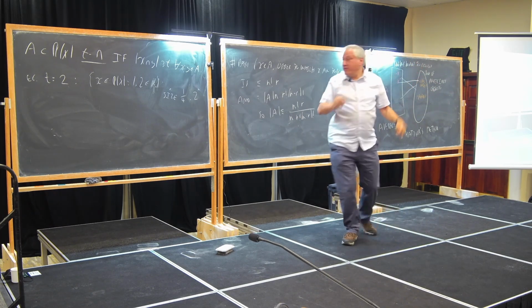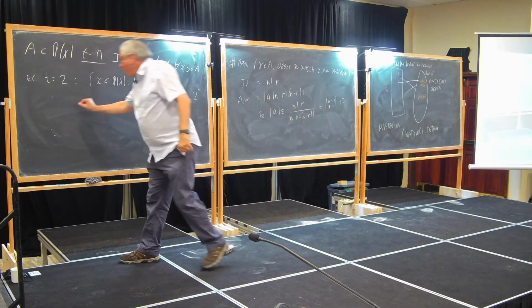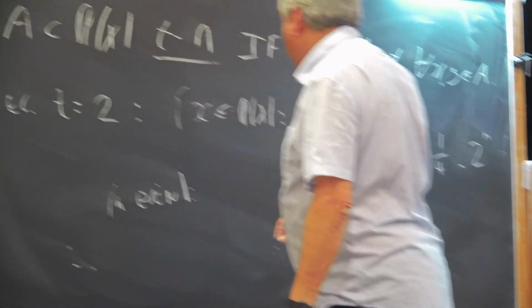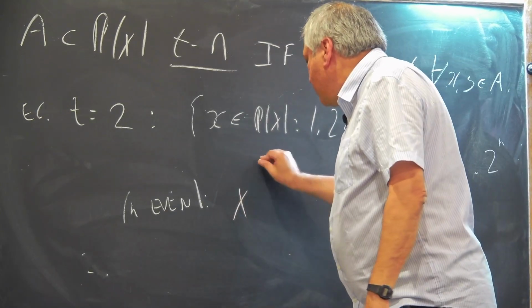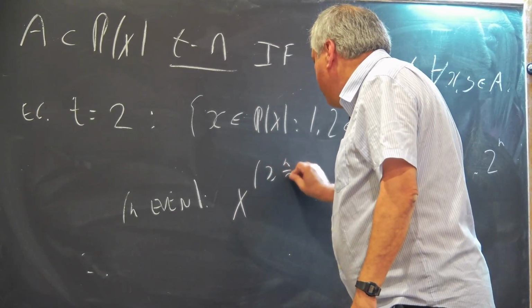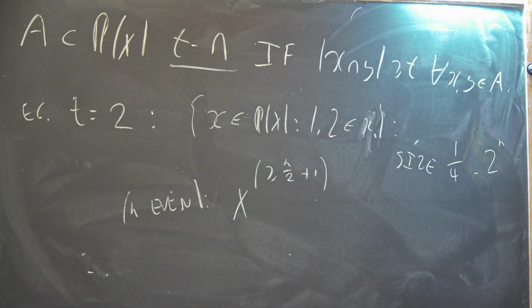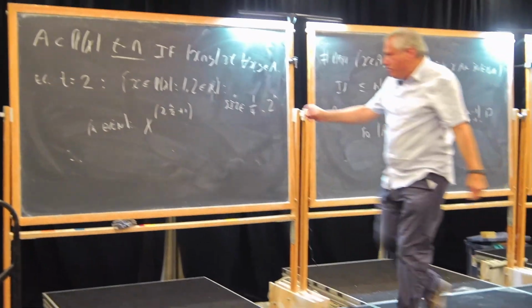So suppose n is even, you can also take all x of size at least n over 2 plus 1. All sets of size at least the middle plus 1, any 2 of those, because their sizes add up to n plus 2, meet in at least 2 points. How big is that? That's basically half, isn't it, if you think of the cube.